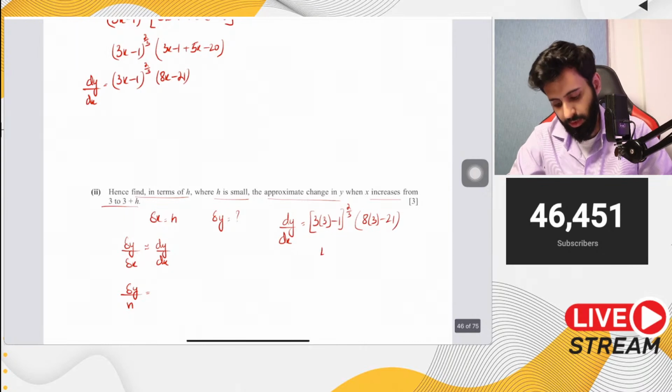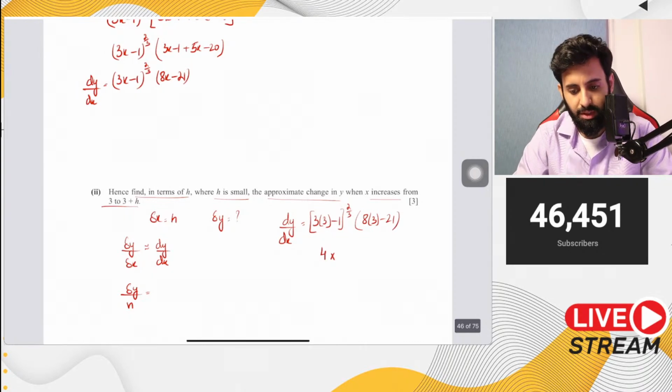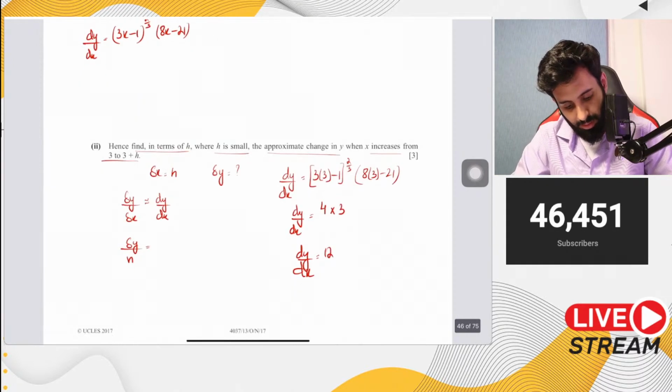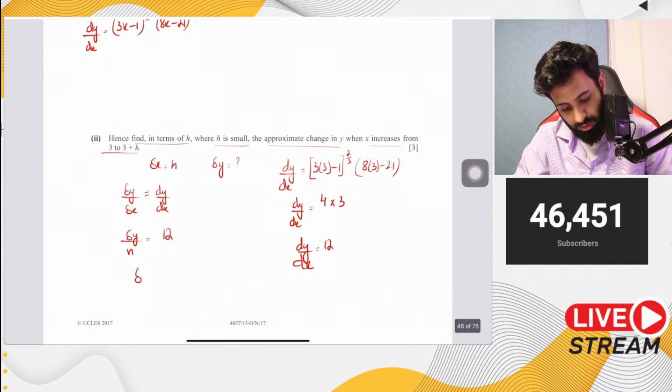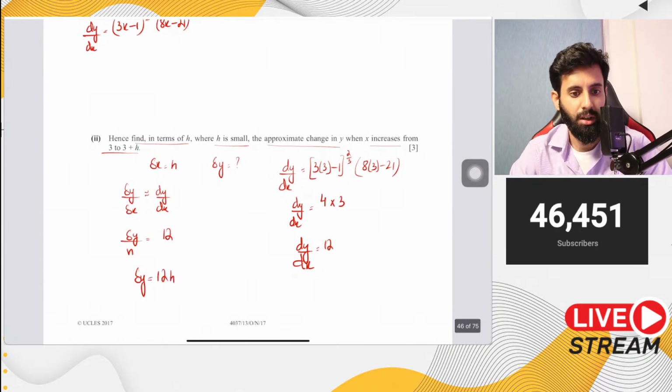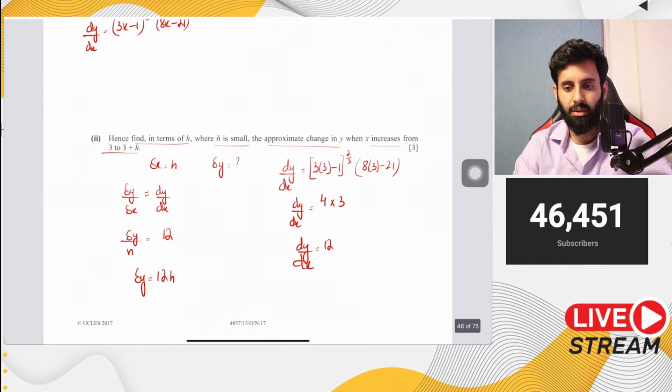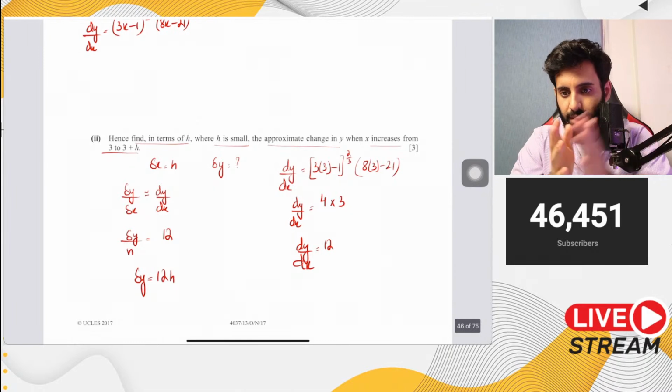That's equal to 4. 4 into (8 into 3 minus 21), that's 3, so that means dy by dx equals 12. Now that you have dy by dx, that's all you need. So small change in y is equal to 12h. And there you go. That's your answer. Okay, so we'll keep it till here only.